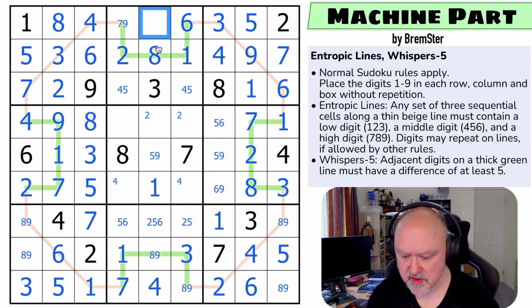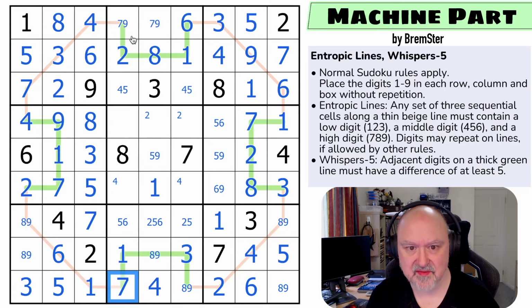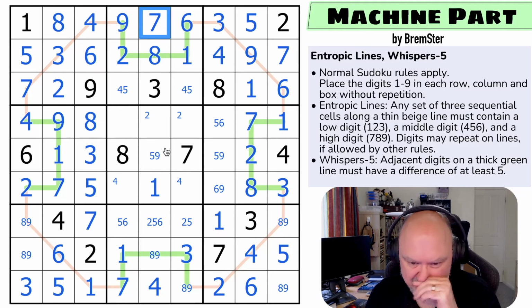This is a 7 or a 9 to complete the row. And the 7 looks like making that the 9 and that the 7. Okay, I'm getting close to the end, I think.